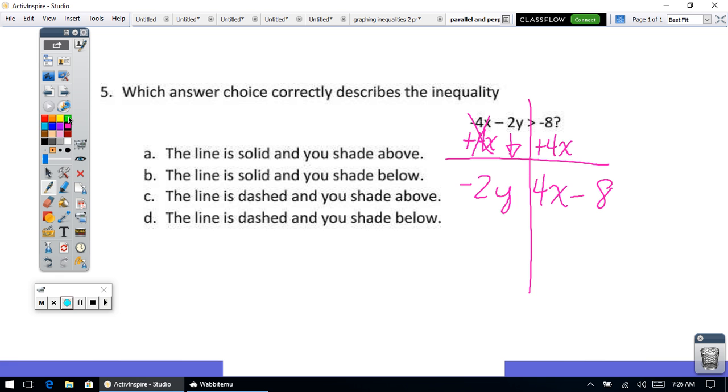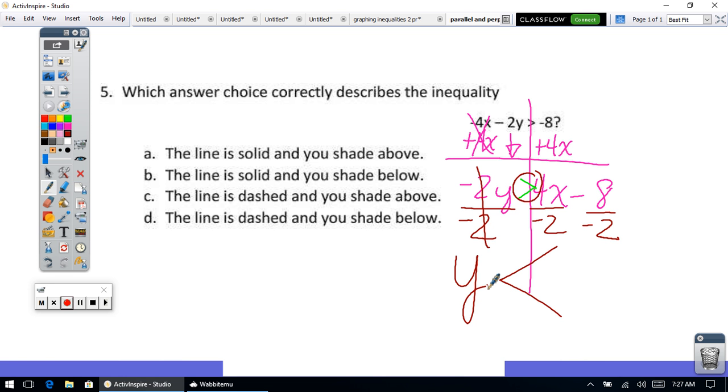I'm also going to go ahead and bring down my inequality sign. And then my last step, divide by the coefficient. Divide by negative 2, divide by negative 2, divide by negative 2. And we have discussed previously that if you divide by a negative, the sign flips direction. And then I have y is less than.